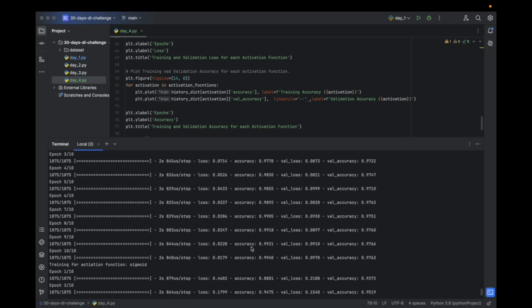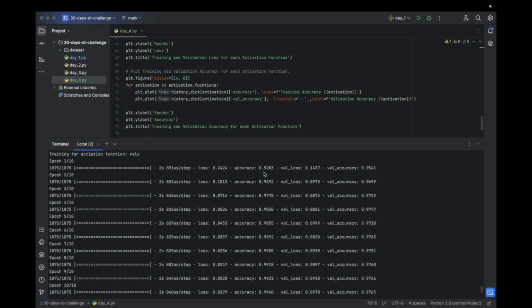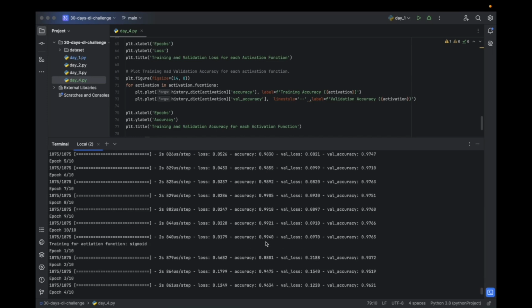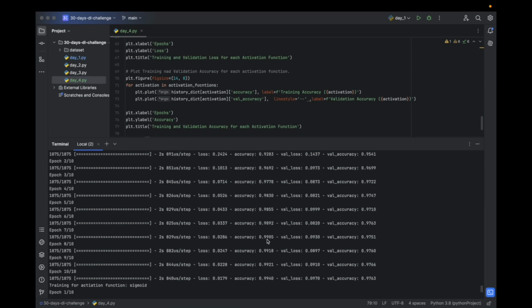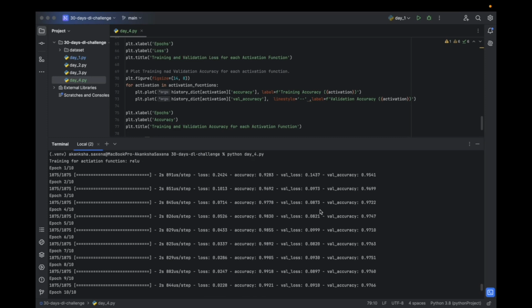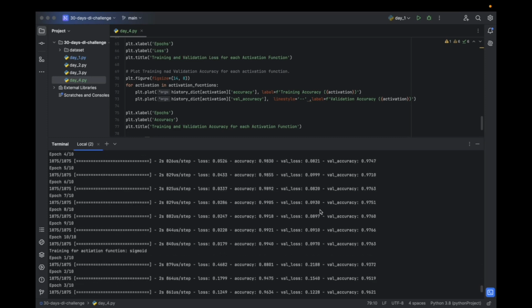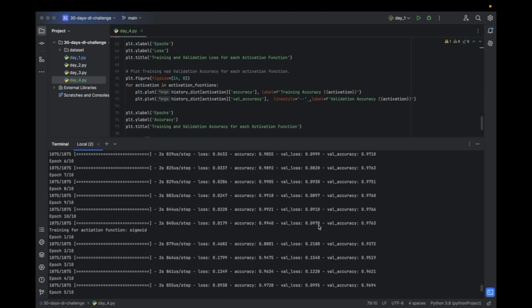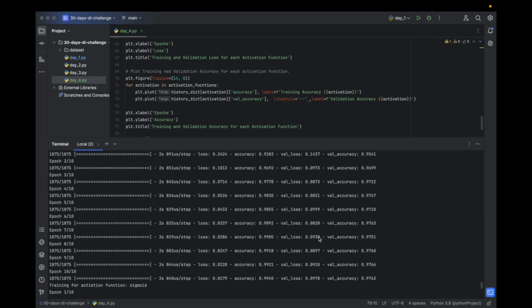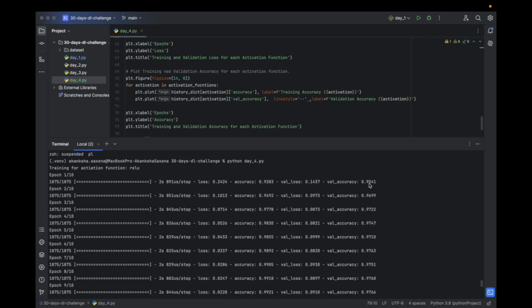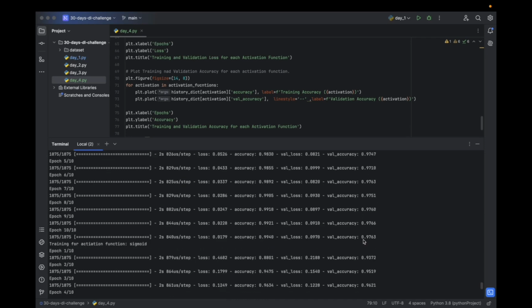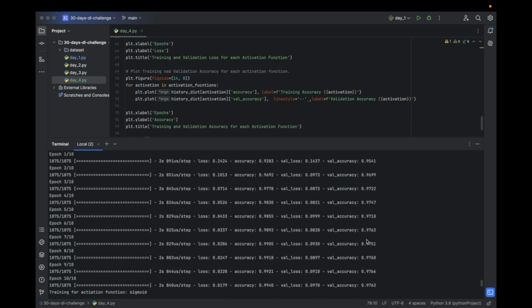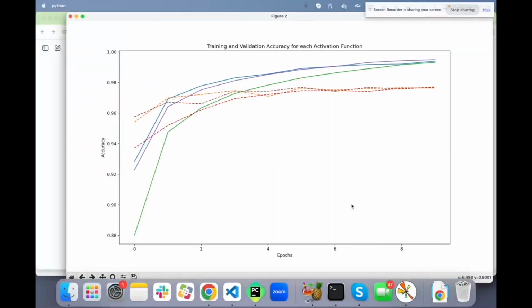Very good. The accuracy started with 0.92 and ended with 0.99. Very good. For validation data, the loss started with 0.14 and ended with 0.09. Very good. And the accuracy started with 0.97 and ended with 0.957.